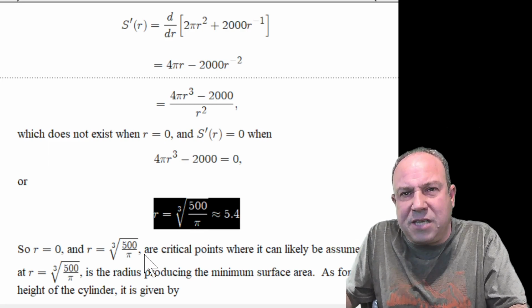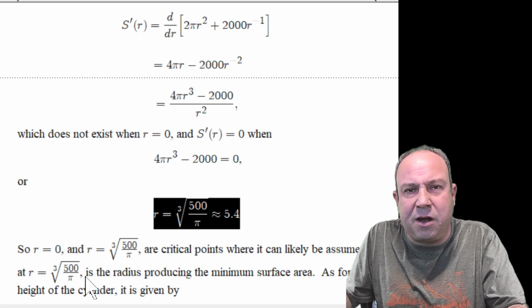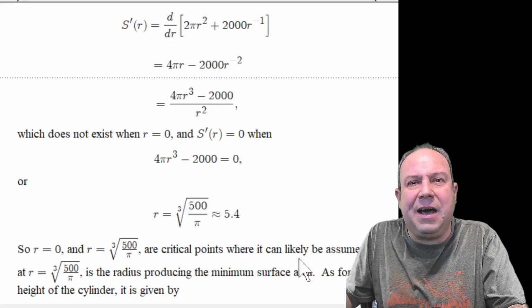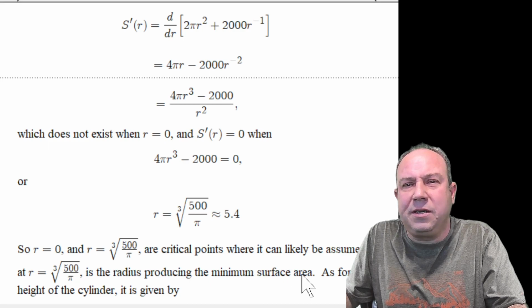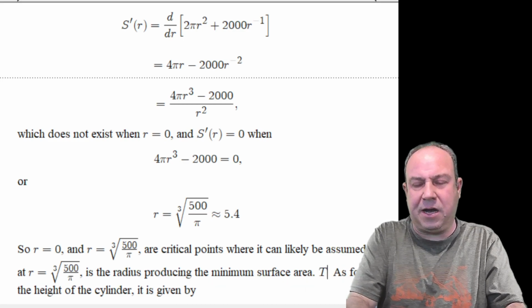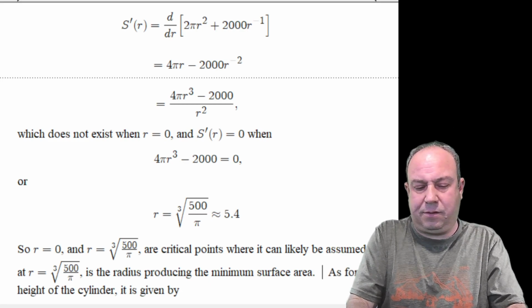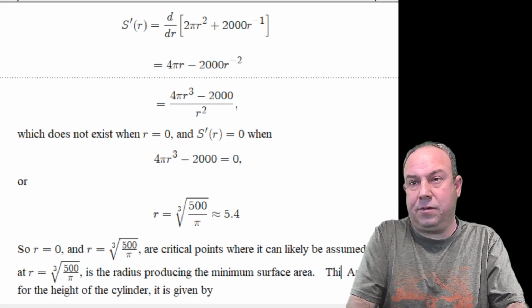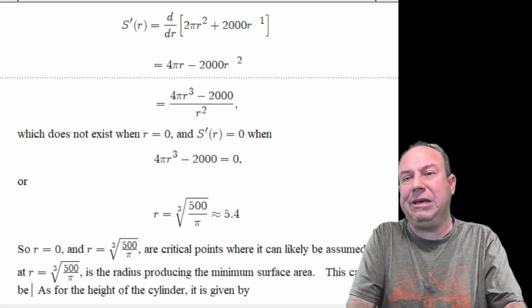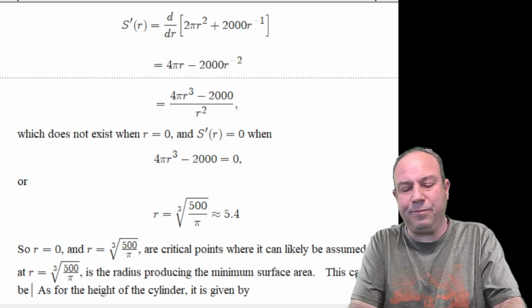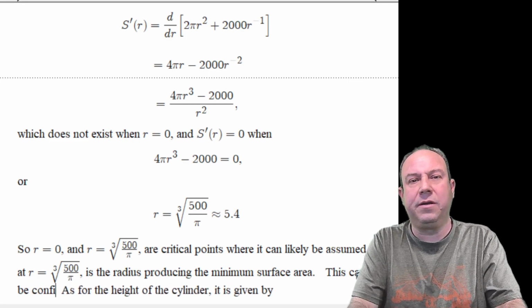So maybe I should say that here. So r equal to 0 and r equal to this are critical points, and it can likely be assumed that r equal to this is a radius producing the minimum surface area. And we'll say here, this can be confirmed.